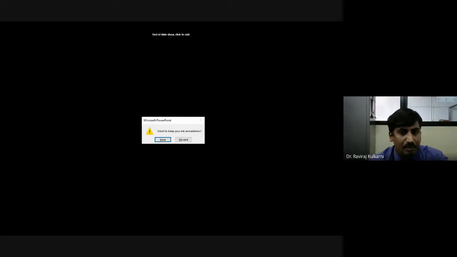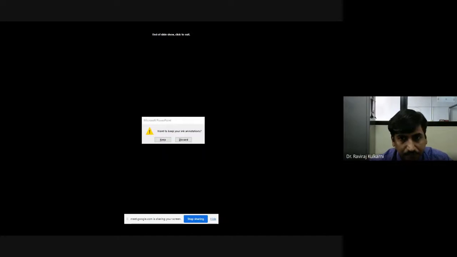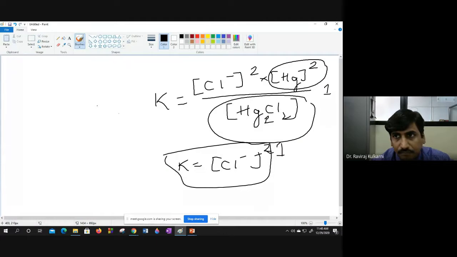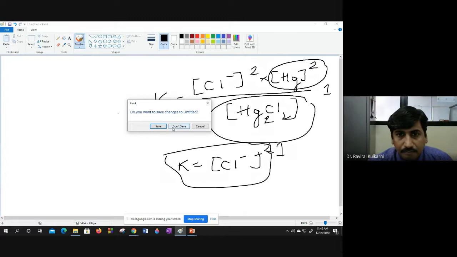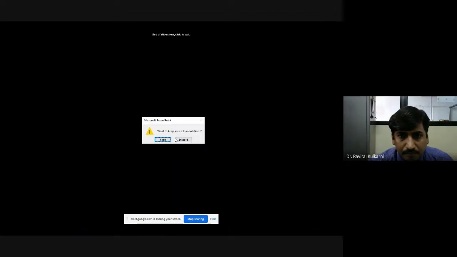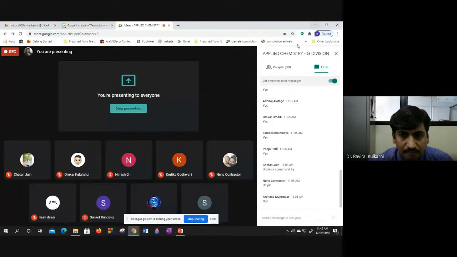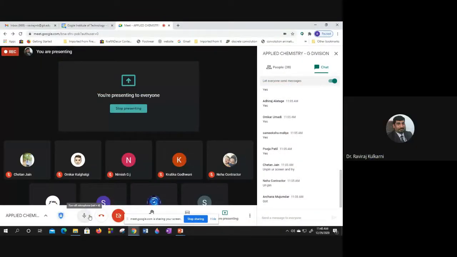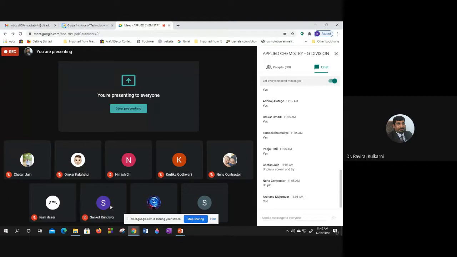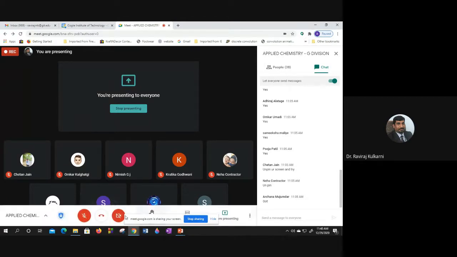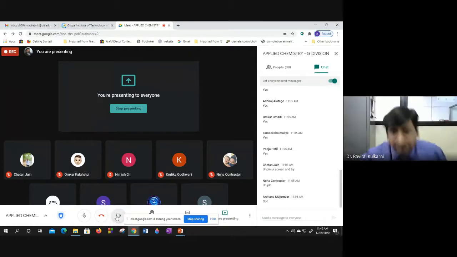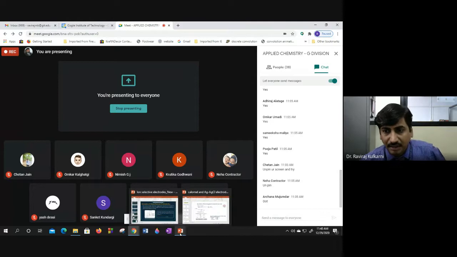So we'll start with the next part, that is ion selective electrodes.